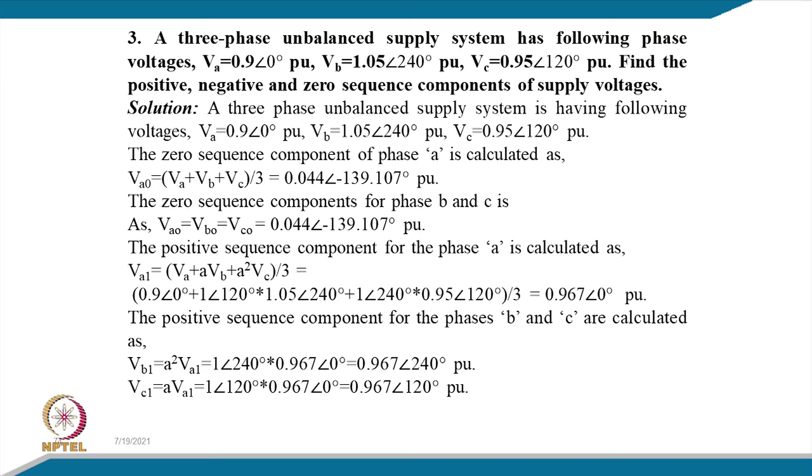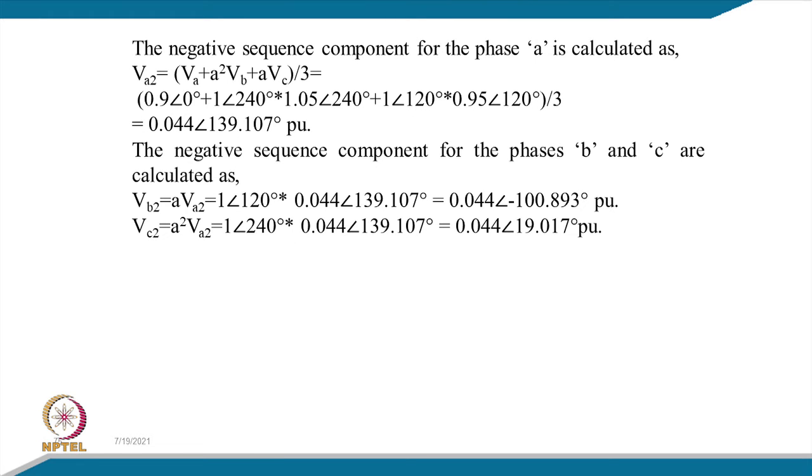So, the positive sequence components of the phase voltages of B and C can be calculated, which will be at the angle of 240 and 120 respectively, and they will come with the same magnitude, but at a different angle. So, by this way you are able to find the positive, negative and 0 sequence, and we can find the negative sequence for phase A, that is VA2, the negative sequence we normally denote by 2.